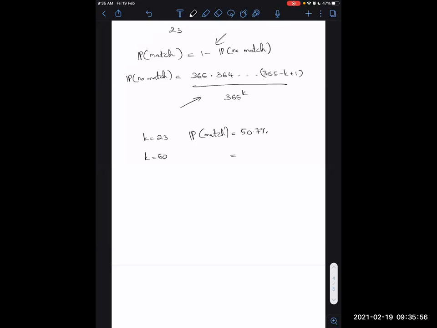Just tell me from your intuition what this value would be. Exactly, this is a very high value. Even with just 50 people, you are able to have a coincidence. This is actually 97%. And for k equal to 100, with just 100 people, you will get 99.99%.